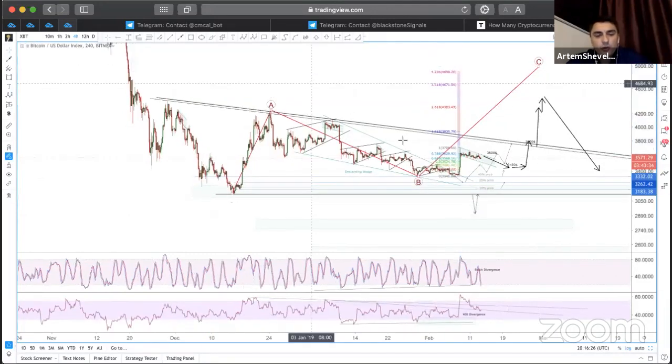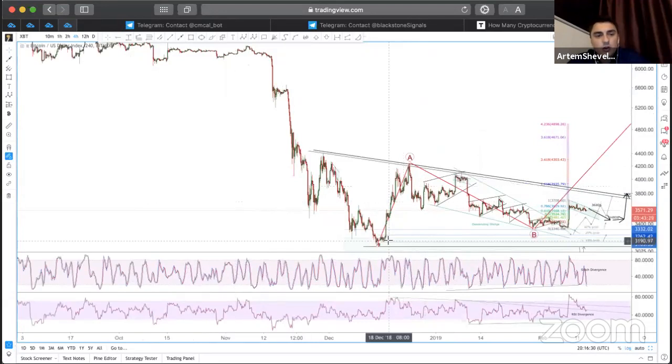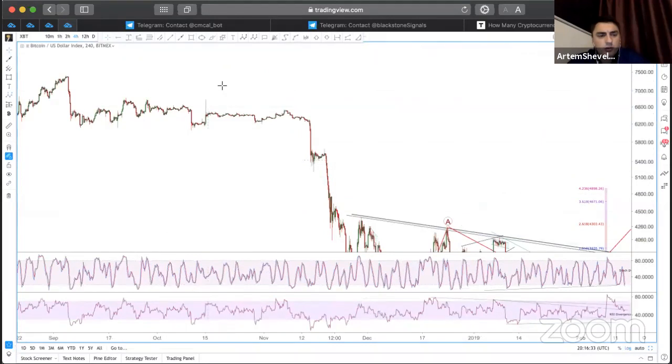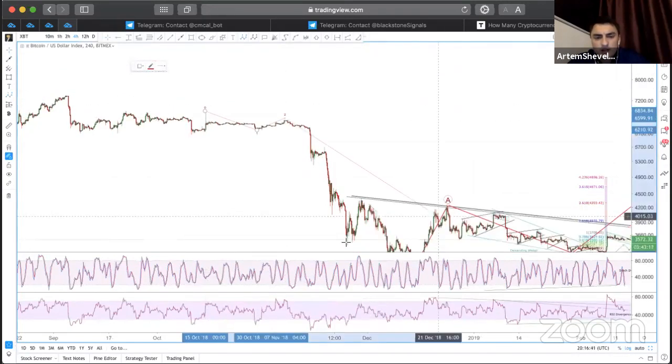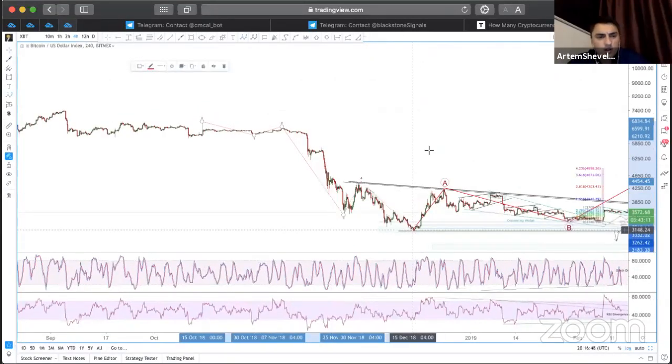Because before this price action, we had an impulse leg down with, maybe I'm wrong with 1, 2, but I don't care right now because I want to show you really fast. 1, 2, like 3 and 4 and a 5. Okay.